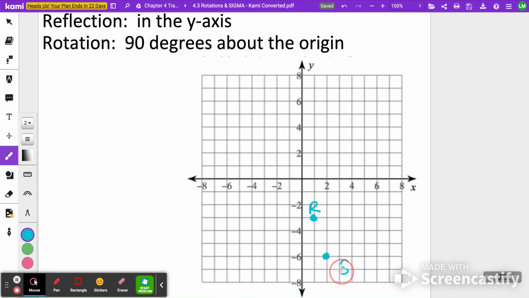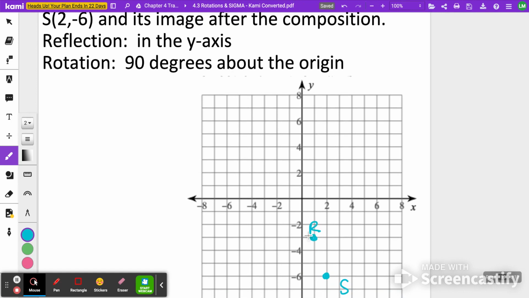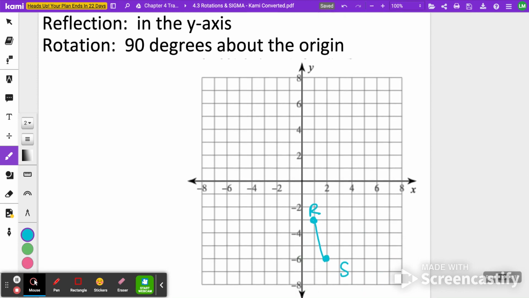Okay. What we're going to do next is connect this because this is now a line segment, and it says to reflect it across the y-axis first and then rotate 90 degrees about the origin. So let's go ahead and do that reflection first. I'm going to do that in green.